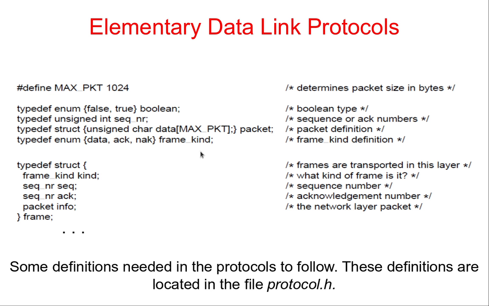So these are the three types of frames defined here with that enumeration. Lastly, we define a data structure for a frame, which consists of what kind of frame it is, the sequence number, the acknowledgement number, and the actual payload part, that is the packet type info.